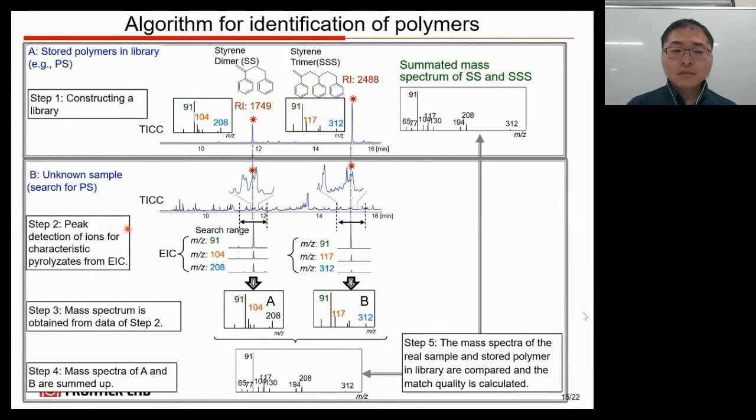Peak detection is performed to determine the candidate peaks and obtain the mass spectrum based on the retention index and retention time. In this case, A and B are the candidates. The match rate is the similarity between the combined or summated mass spectrum of A and B and the summated mass spectrum stored in the library.